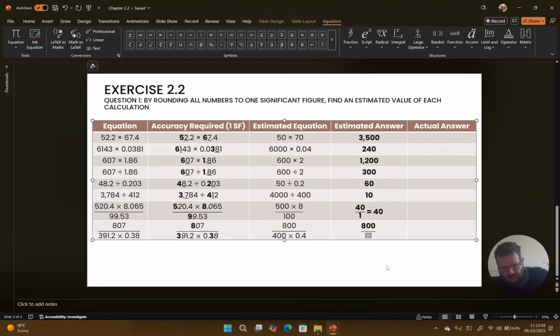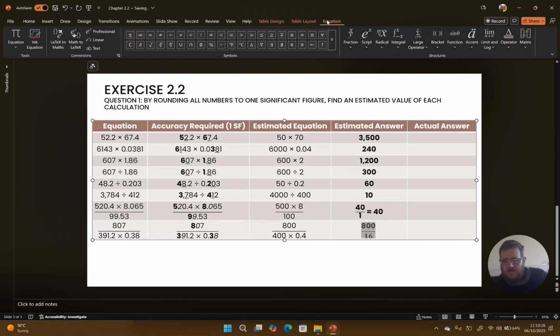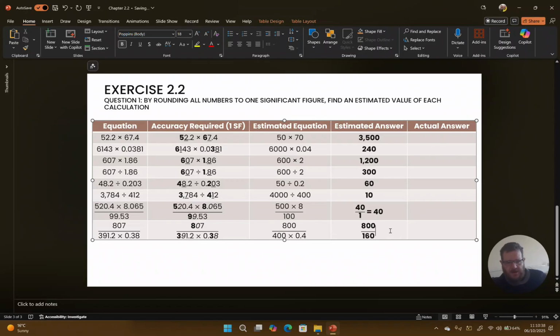So we do 4 times 4, which is 16. And then get rid of one of the zeros. You've got 2 there, get rid of one of the zeros, which then gives you 800 over 160.